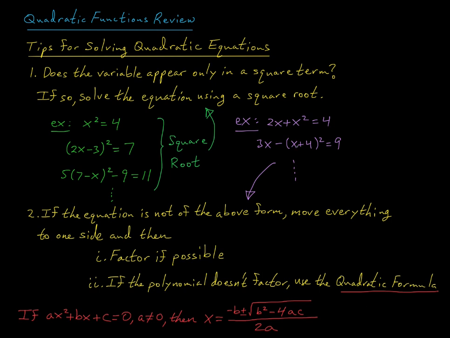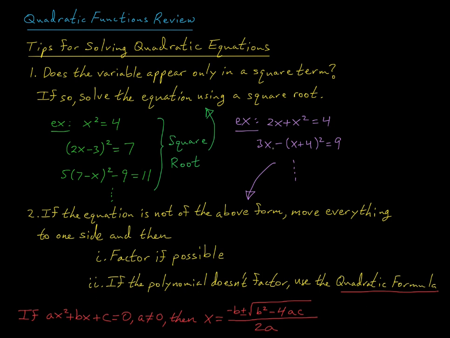And likewise here, x appears in this square term, but it also appears over here. Now if we are in the case where the variable is only showing up in a square term, then we can isolate the square term if it's not already isolated, and then use a square root. I think that's going to be the easiest way to tackle something like that.